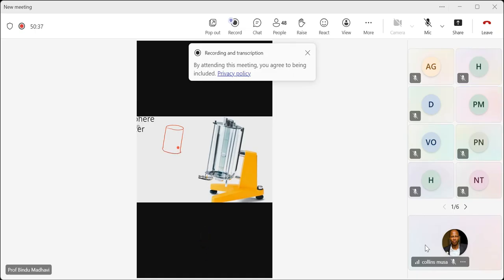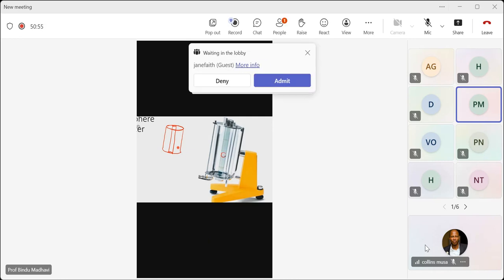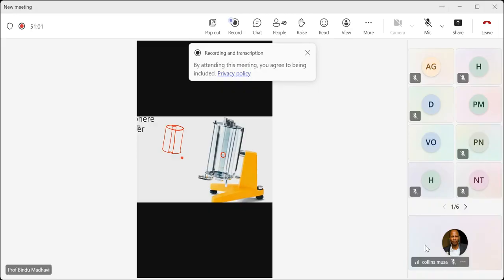It's a big glass jar. Inside, there is a thin glass tube. So this is the actual arrangement. And you can also see a ball which is present inside the glass tube. Can you see that? Yes.